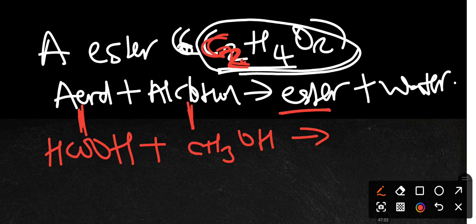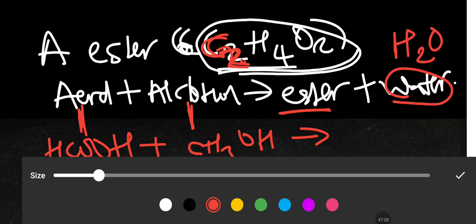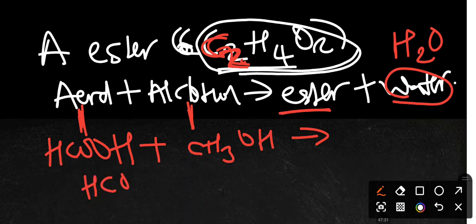In giving the chemical formula of an ester, we start with the acid first. What we must note here is that since water is formed, remember water is H2O, the carboxylic acid loses this hydroxide, and the alcohol loses this hydrogen.